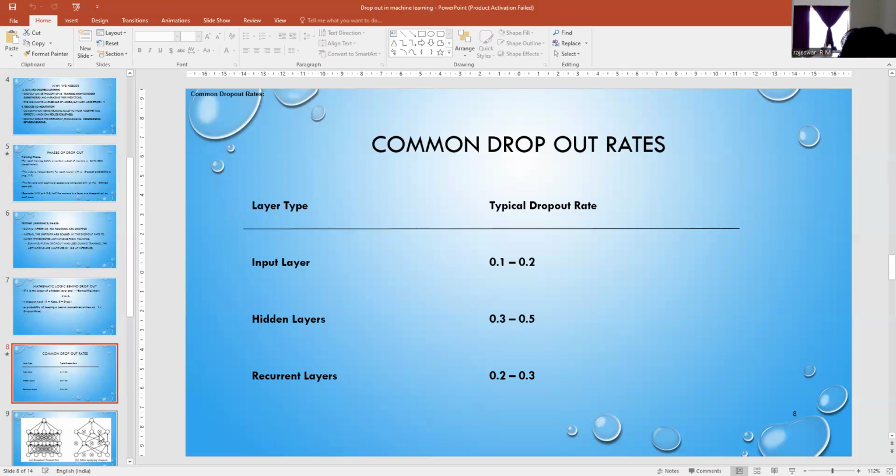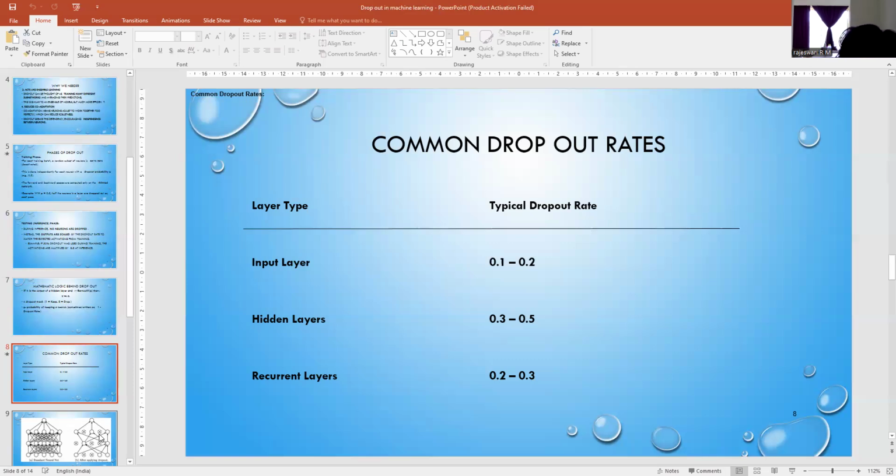It randomly sets a fraction of input units to 0 at each training step. The idea is that this prevents the model from becoming reliant on any specific neuron or feature during training, so the model learns to generalize better rather than memorizing or overfitting the training data.